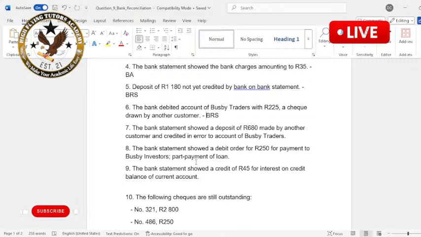The other business was depositing money into their account, but the bank gave it to us. So we need to tell the bank, hey, we don't know about this 680, take it back to where it belongs. When we go to the BRS, we're going to say debit, because we're paying the money back, debit amount wrongly credited.